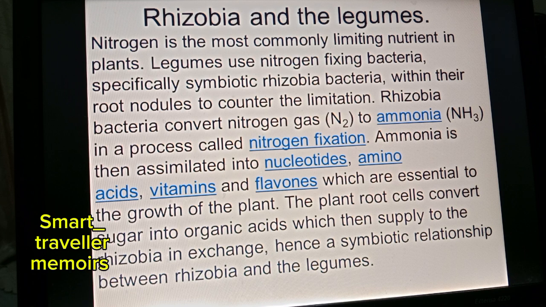Ammonia is then assimilated into nucleotides, amino acids, vitamins, and flavones, which are essential to the growth of the plant. The plant root cells convert sugar into organic acids, which are then supplied to the Rhizobia in exchange. Hence, a symbiotic relationship between Rhizobia and the legumes.